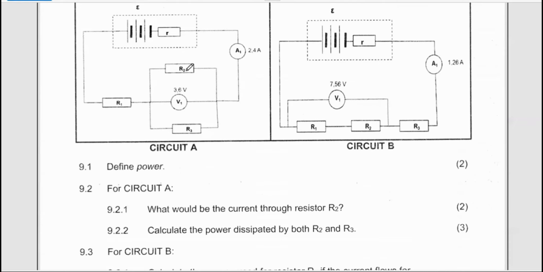Define power. Power is the rate at which work is done, or the rate of doing work. Then 9.2 focuses on circuit A. What would be the current through R2? One thing we know is that this is 2.4 amps flowing through these resistors.